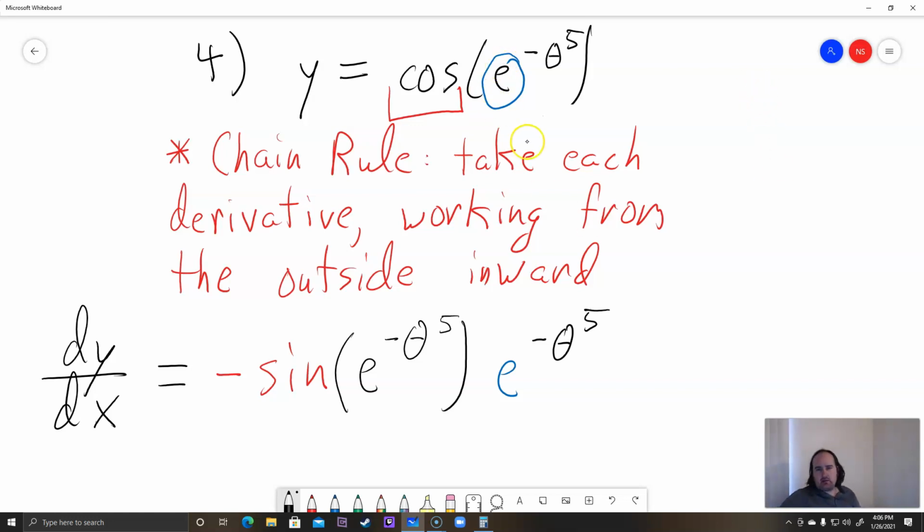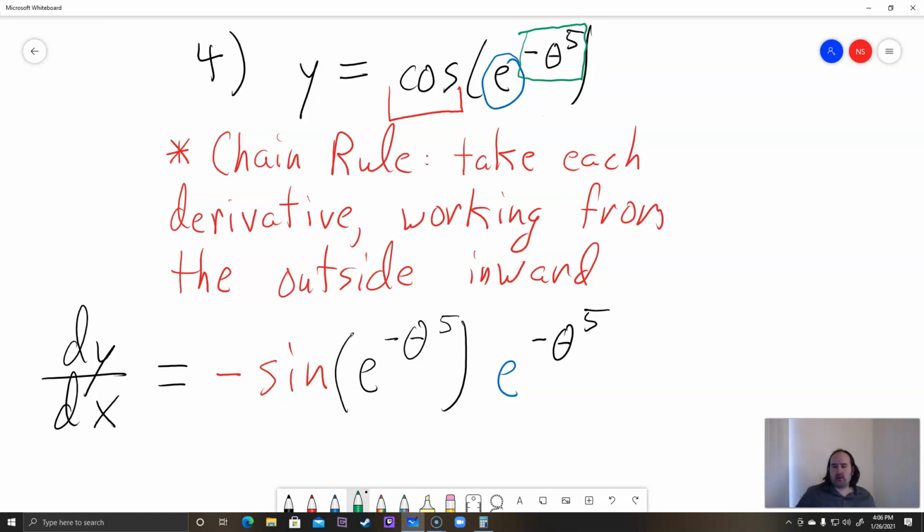So what I did there was I'm doing the chain rule and I'm working my way from the outside inward, taking the derivative of each function. Now we took the derivative of the middle function, which is e to the whatever, and so we got e to the negative theta to the 5. Now our last function is the innermost function, negative theta to the 5.